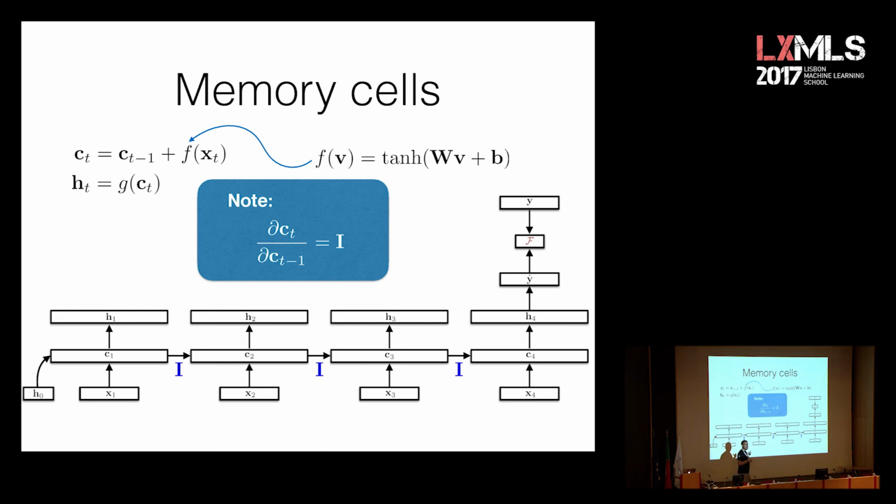So what do you think about this? Do you see some potential problems with this model? What's going to happen to the contents of the memory cell as time progresses? They're probably just going to get massive, right? You keep adding things. You never take anything away. It would be like you could never forget anything.